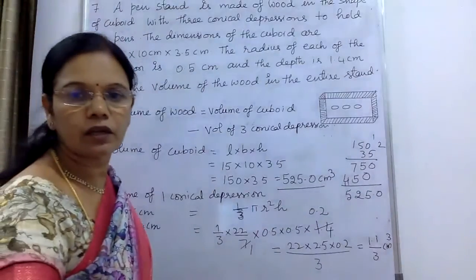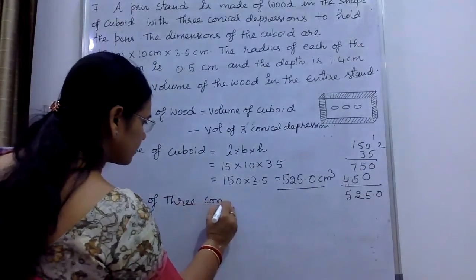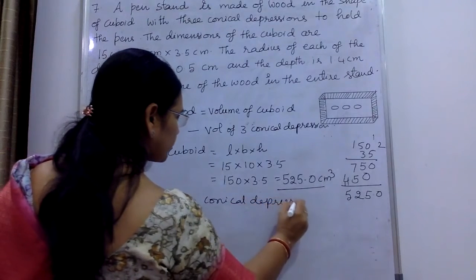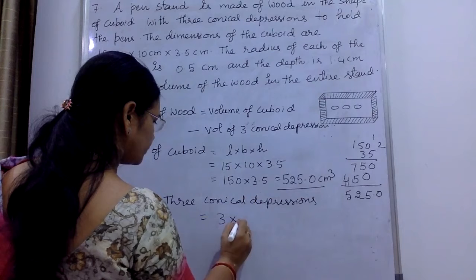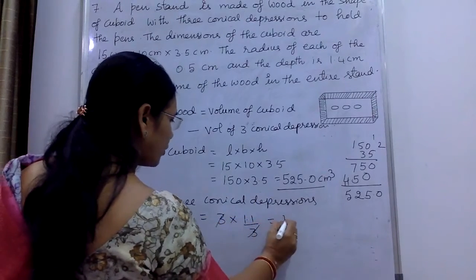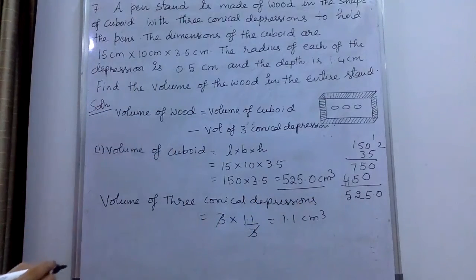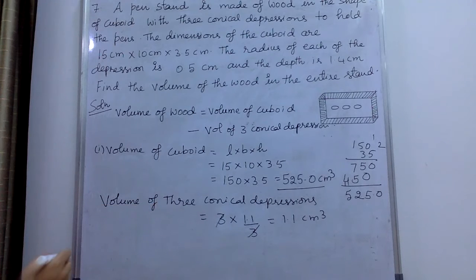Let us multiply: volume of 3 conical depressions is equal to 3 into 1.1 by 3. So 1.1 centimeter cube. To find the volume of wood in the pen stand, just subtract the volume of 3 conical depressions from the volume of the cuboid.